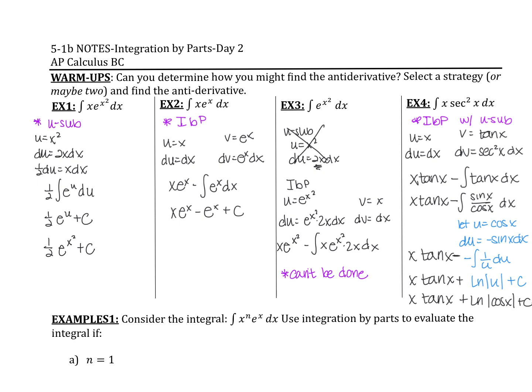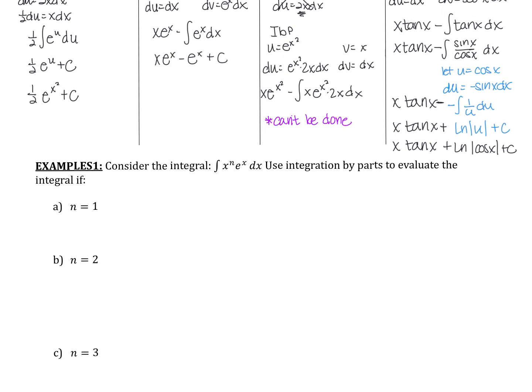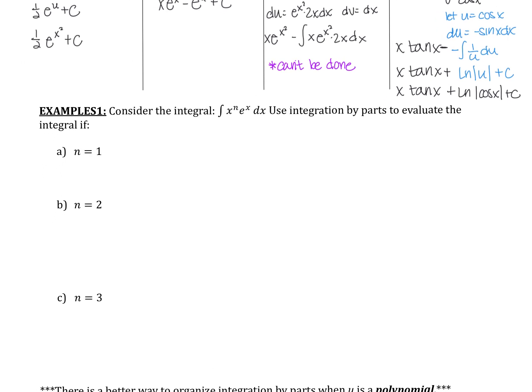Okay, let's go back and consider this integral that we may have looked at a couple times, this x to the n e to the x, where n is going to change. In this first one, we're going to let n be 1. So this would be the integral of x to the first e to the x dx.